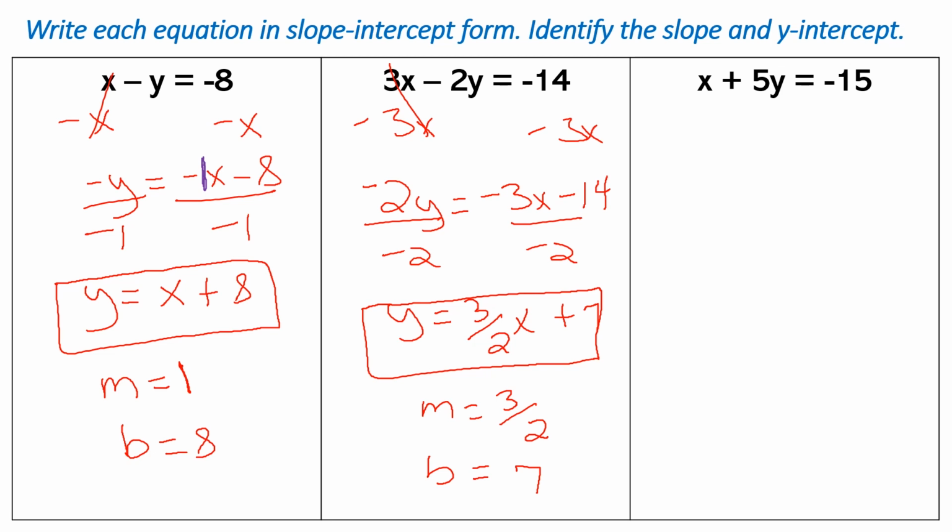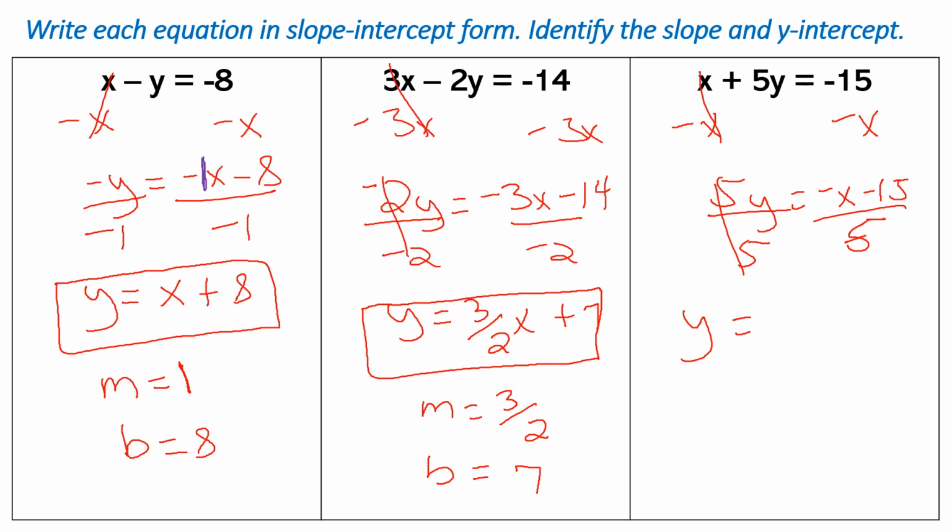And last, I got a net positive x here. So again, subtracting x cancels out. I'm left with 5y equals negative x minus 15, because that's a negative 15. Last steps, dividing by 5 cancels out. I'm left with y equals, so that's the understood 1 in front of that x.